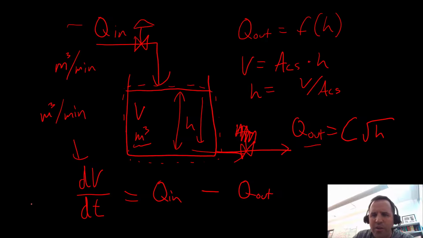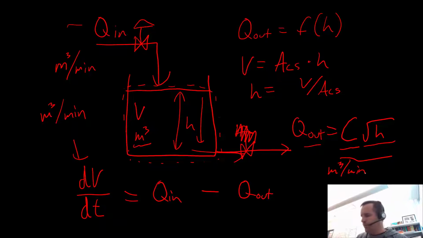If you go back to our equation, C has units of meters to the 2.5 per minute, and H has units of meters. When you take the square root of that, you get meters to the 0.5 power. So the end result is that you still get units of meters cubed per minute for Q out. All right, we've introduced some of the basics, including these intermediate equations. Let's go back to Simulink now and implement these into our model.